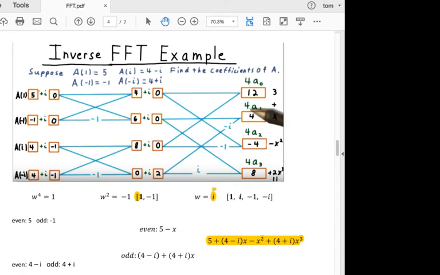So all of you are clear for this part, for this example? I think the detail is just to split the polynomial into even part and odd part and do it again for the subproblem. All the detail is about this. And after that, you just use the formula: even plus odd, even minus odd, times omega, like that.